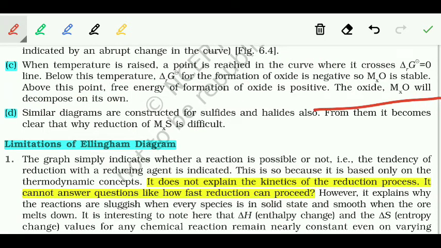The oxide MxO will decompose on its own. As we cross the line of delta G equal to 0, the metal oxide is directly converted without any physical or chemical changes, meaning the metal oxide itself is converted into metal. We are not doing a single step or a single change in a reaction.